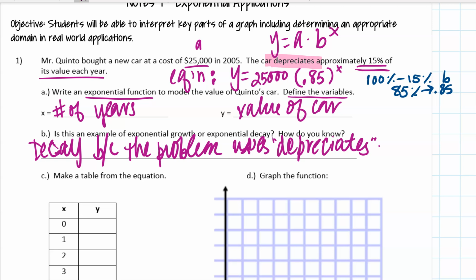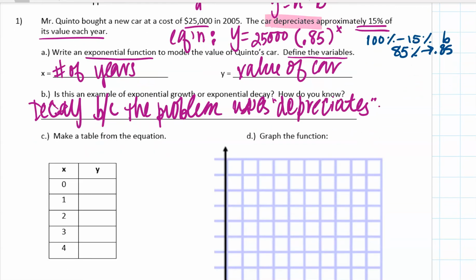So we're going to use our equation to help us create our table. So if you remember from the other day, this 0 right here represents your initial value. Okay, so the initial value of the car was $25,000 because that's how much you originally paid for it.